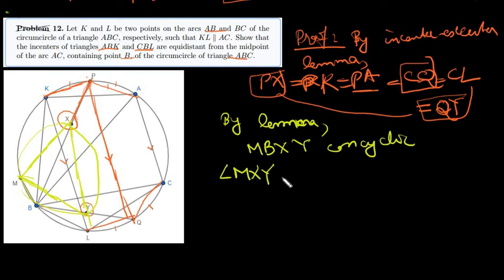So let me first try to express MXY in terms of any other angles that I know. So I know this is 180 minus angle MBY, because these are now on a circle. So 180 minus angle MBY.